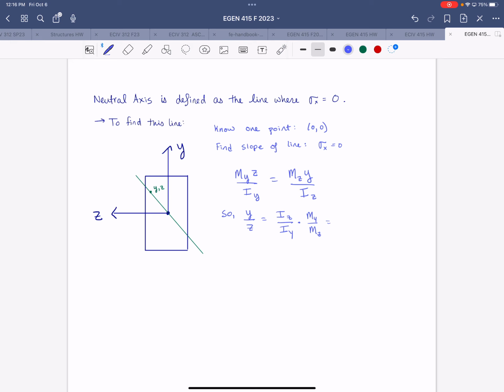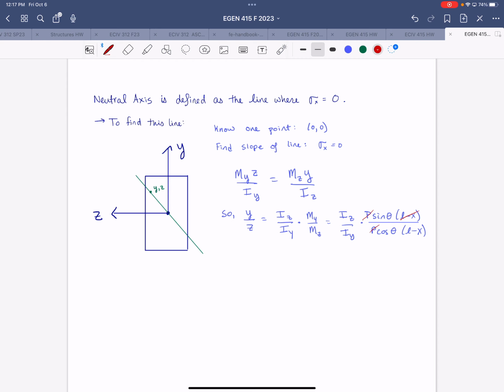And then if we plug in our definitions for MY and MZ in terms of P and theta, that becomes IZ over IY times P sine theta times the moment arm, divided by P cosine theta times the moment arm.